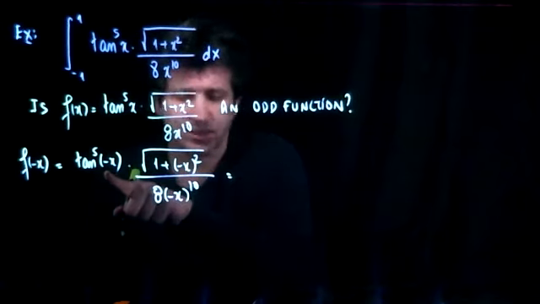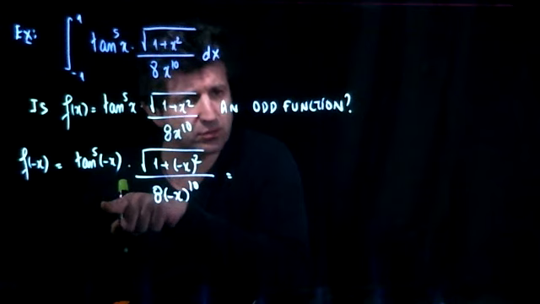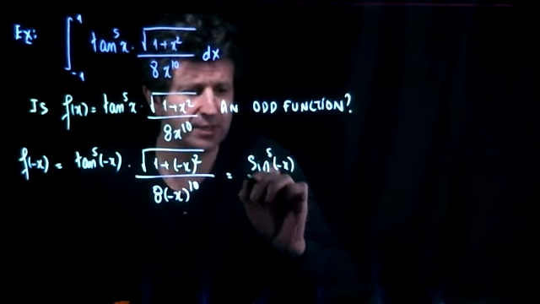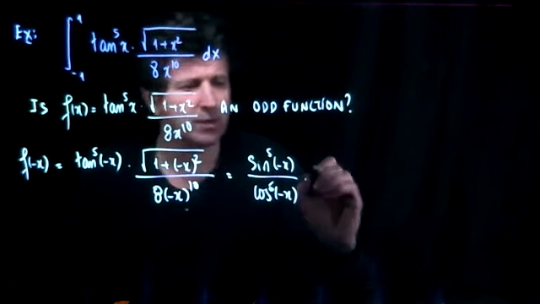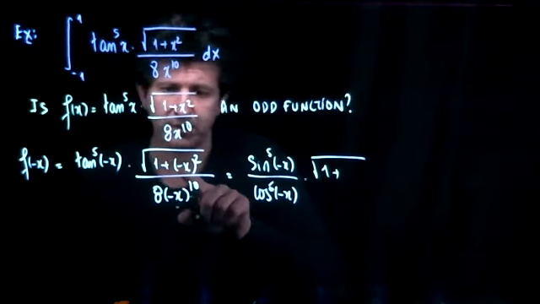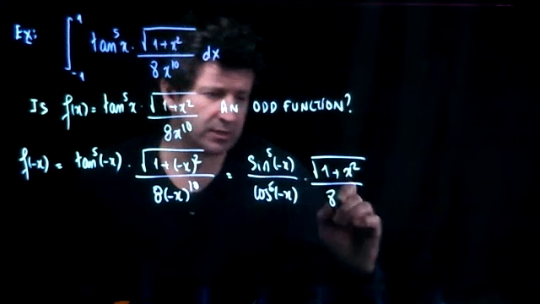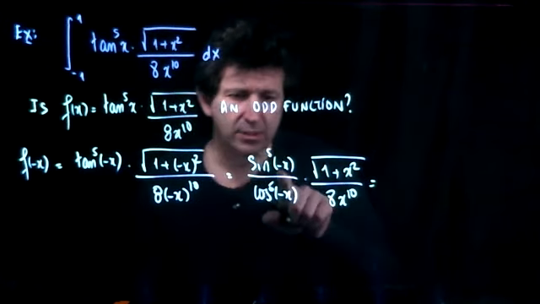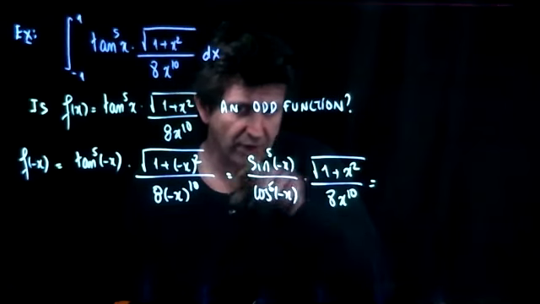Okay, you know that tangent is an odd function, you know that? Because tangent is sine over cos. I'll write it for you. So sine power 5 of negative x over cos power 5 of negative x times square root of 1 plus, well, negative x squared is just x squared, and 8 negative x power 10 is just x^10. And that's equal to, so we said that sine of minus x is minus sine x, to the 5 stays minus.